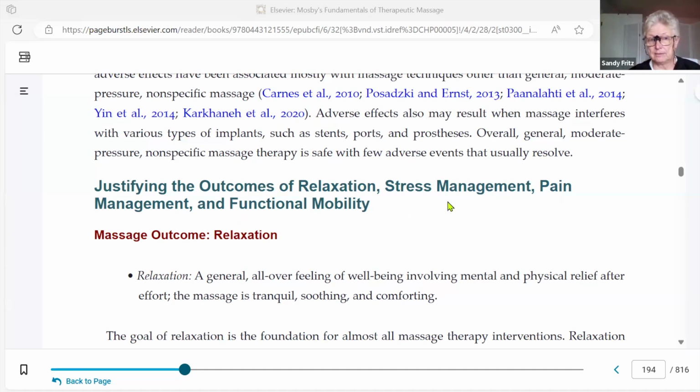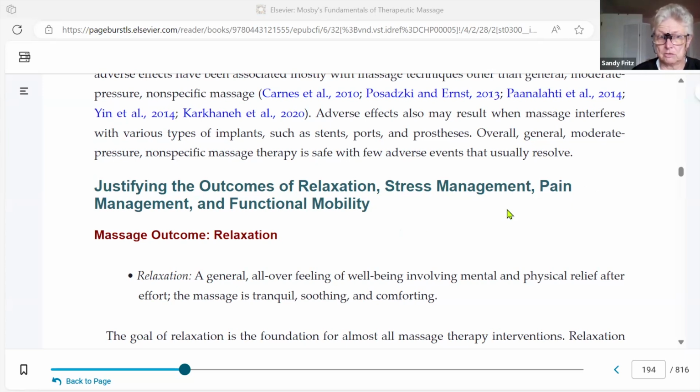But for all of these, what you're going to find is that the outcomes that have been most researched and have the most quality evidence are relaxation, well-being, and stress management.